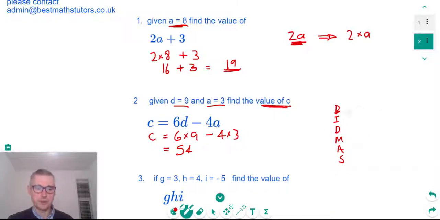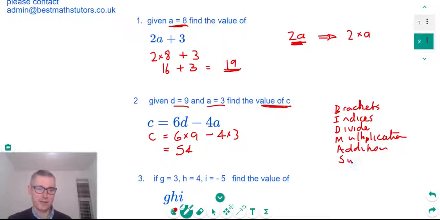So the B stands for brackets, the I stands for indices, which is powers, D stands for divide, M stands for multiplication, A stands for addition, and S stands for subtraction.